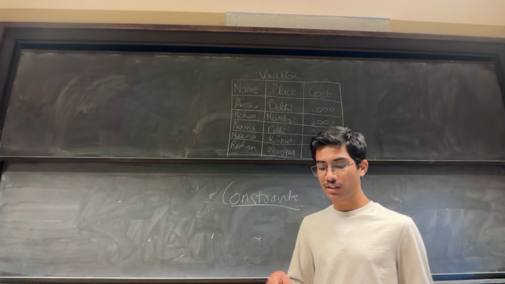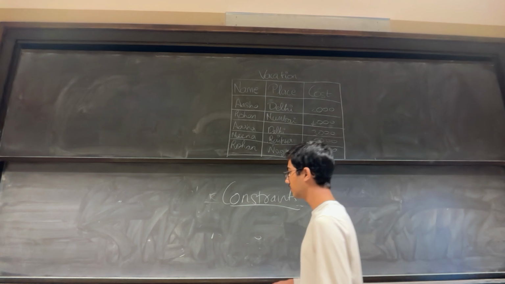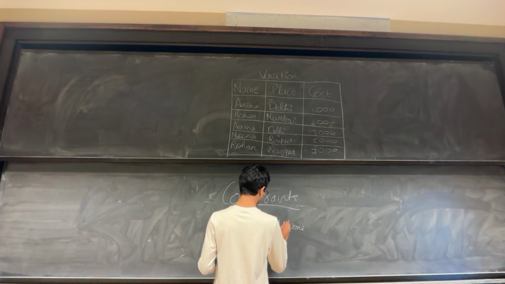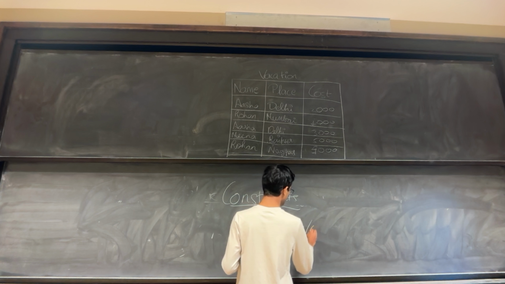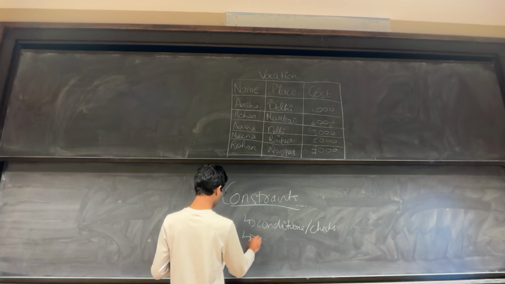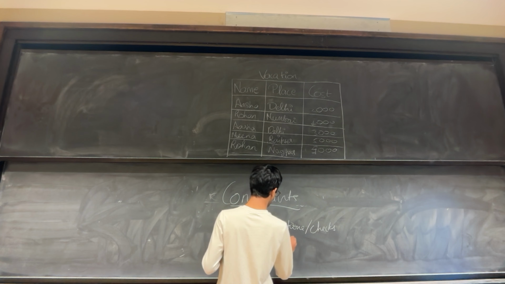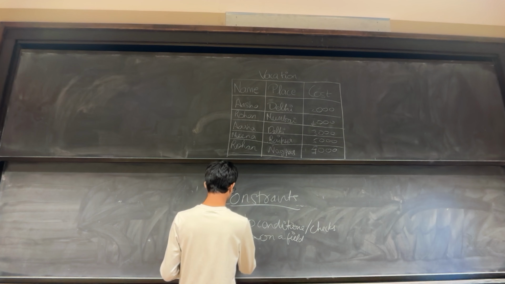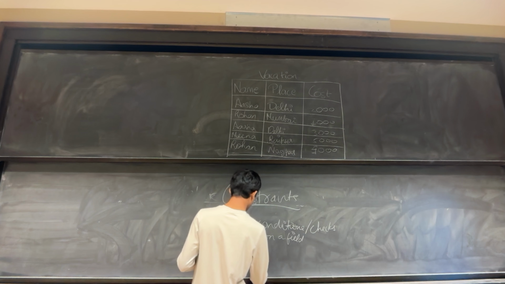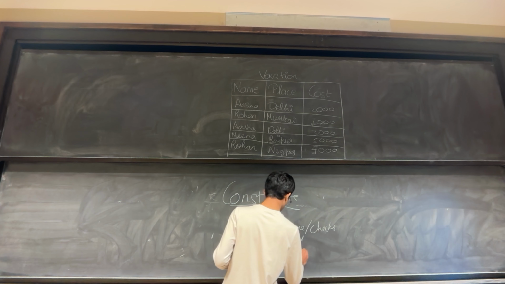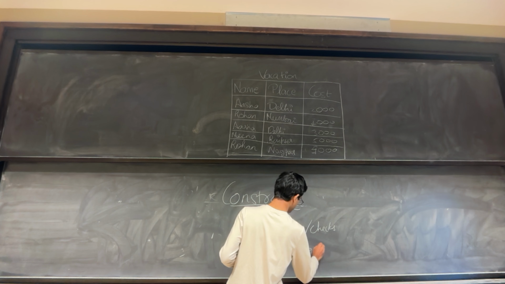Similarly, constraints over here are conditions or checks on a field or multiple fields which restrict data going in them.